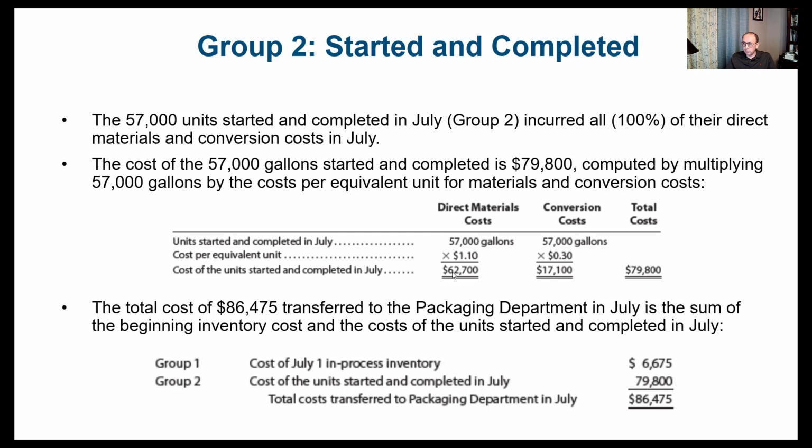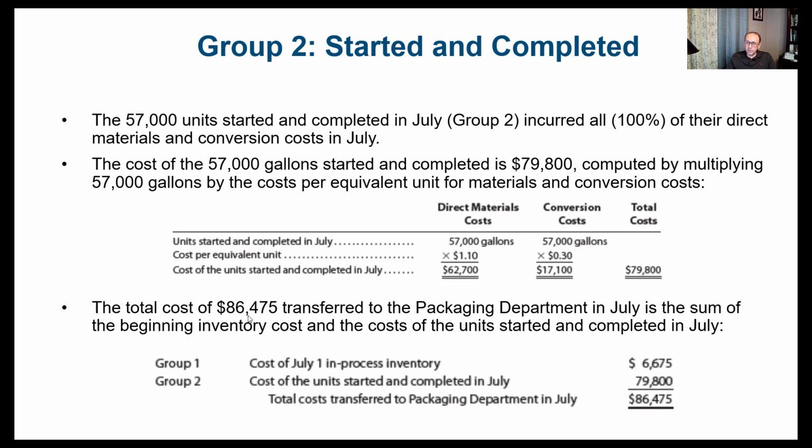Multiply these numbers and we get 62,700 and 17,100. We add them together and that would be the cost of the units started and completed in July. So we started 57,000 gallons of ice cream, and the cost for these was $79,800.